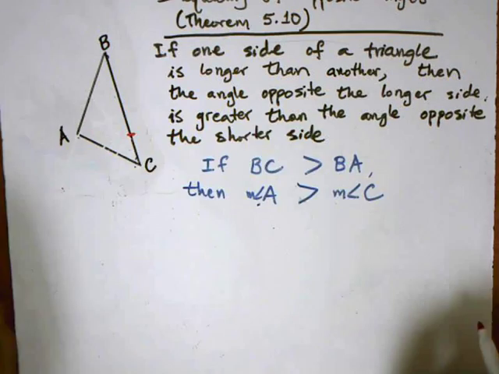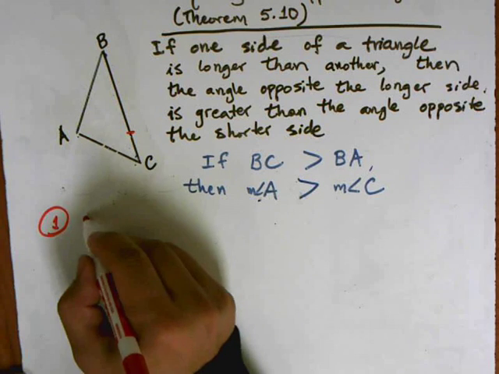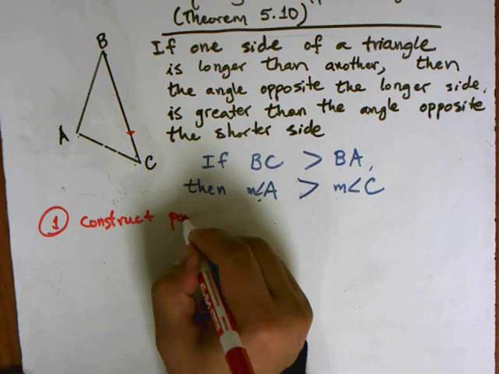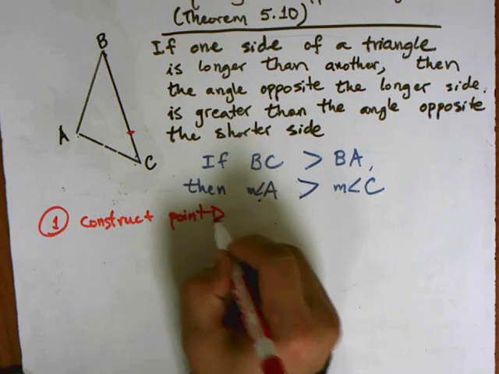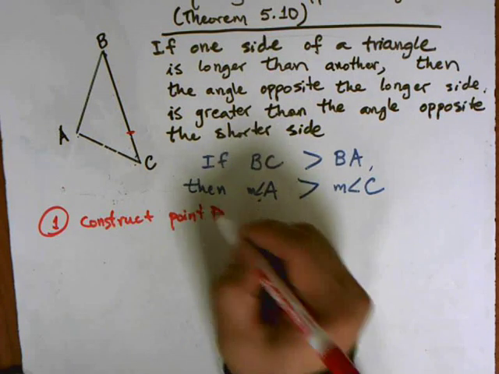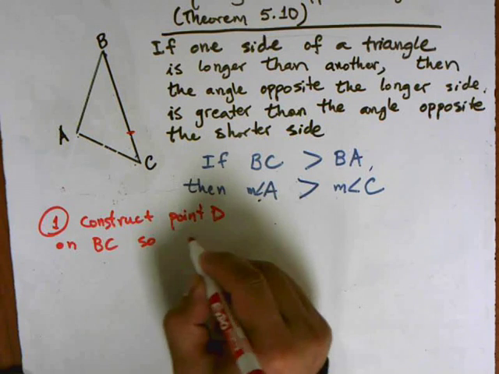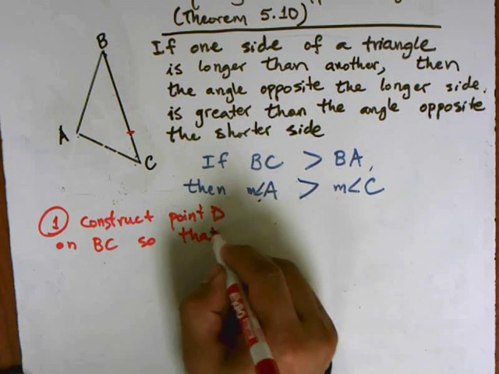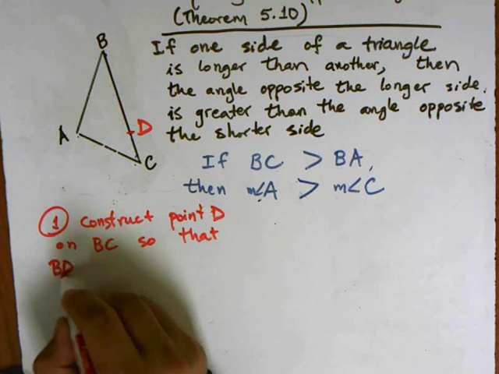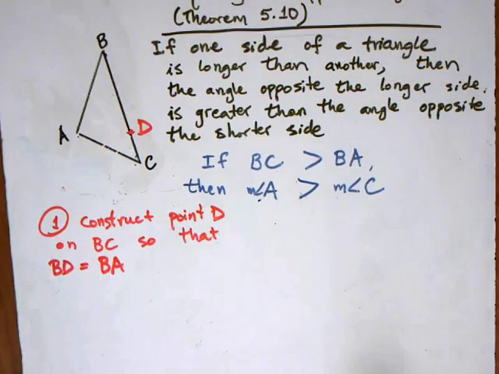Okay. So in my first statement of the proof here, I'm going to say construct point D on BC, so that BD equals BA.